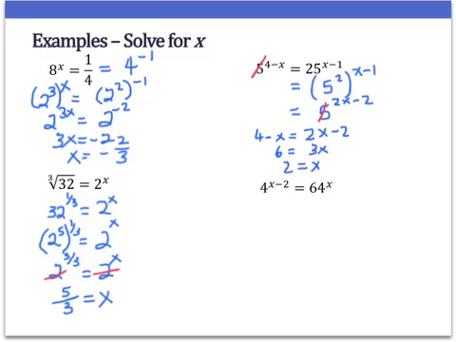Now let's try the last one, and then we're finished. Okay. I can rewrite 4 as 2 squared, and I could do 64 as 2 to the 6th. But 64 is also the same as 4 cubed. So you don't really need to go with bases of 2. So use the largest ones that you can.